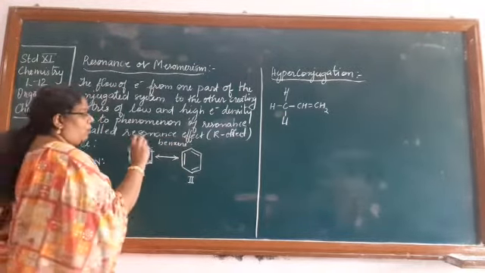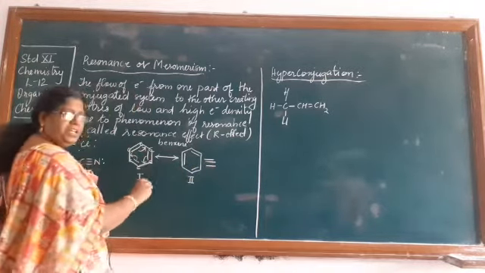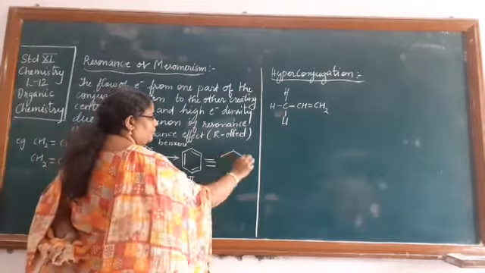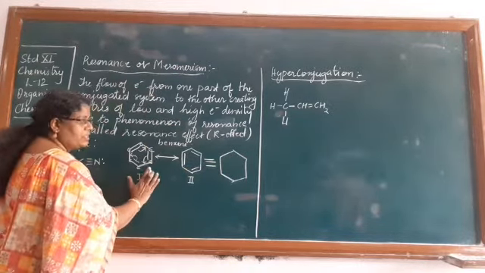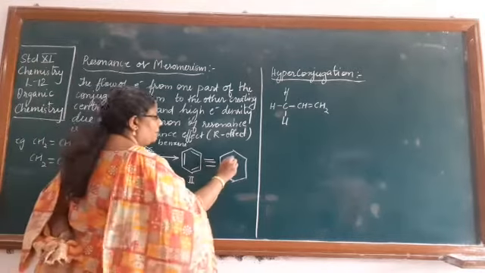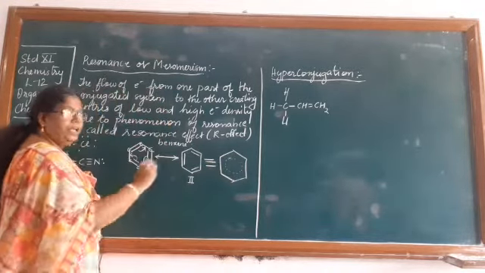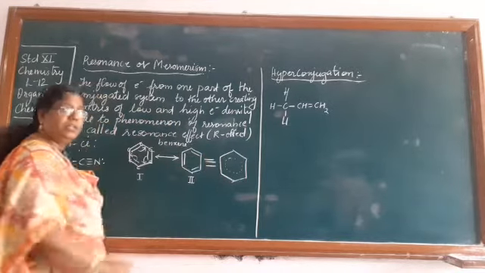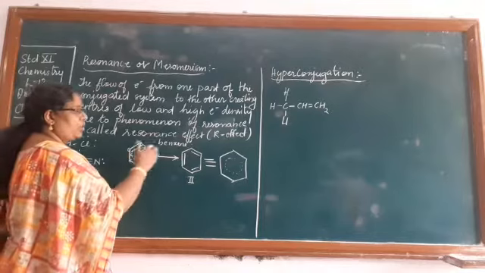Okay? And benzene will have an intermediate structure. Actually you will find that benzene has neither this structure nor this structure, but it is a resonance hybrid of these structures. That is why benzene is drawn with a circle inside, because there is continuous change of the pi electrons.